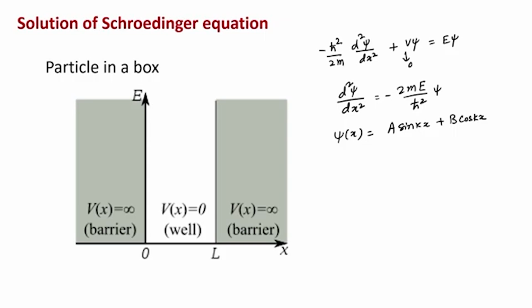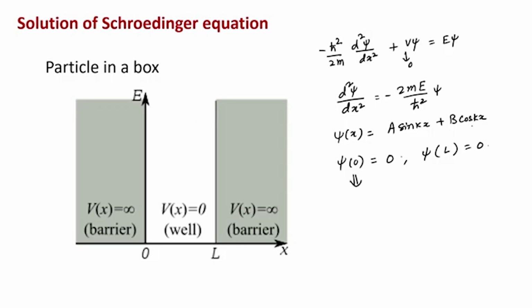But now you see there is a problem: psi has to be 0 at x equal to 0, and psi also has to be equal to 0 at x equal to L. Now, the first condition prohibits the cosine solution, because the cosine solution will not be equal to 0 at x equal to 0.